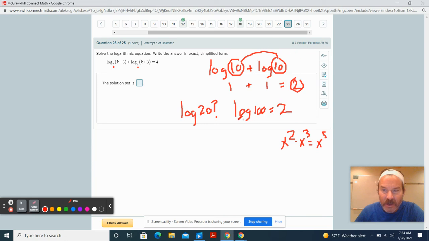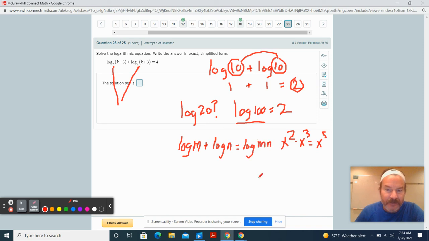You multiply them, and you could write it as 1 log. So you can make 2 logs into 1 log. So this is the property. Log of m plus log of n is equal to a single log, m times n. I'll just put mn.